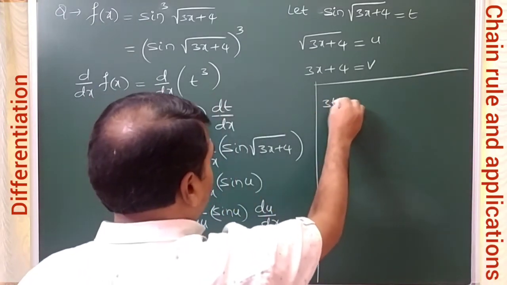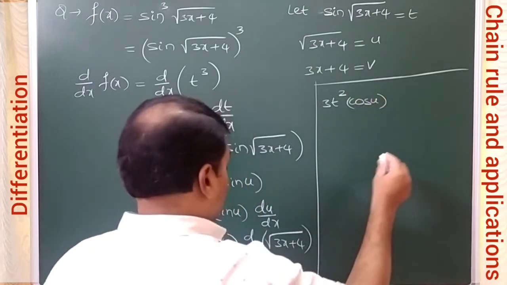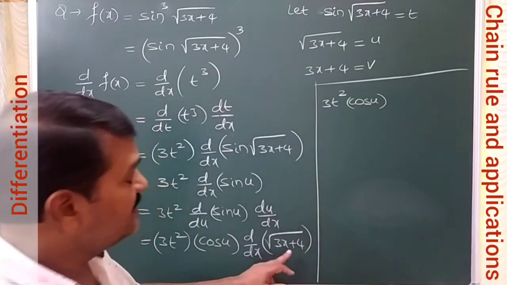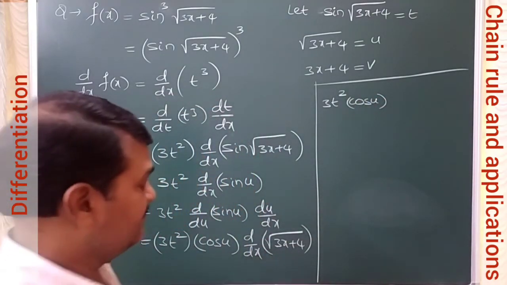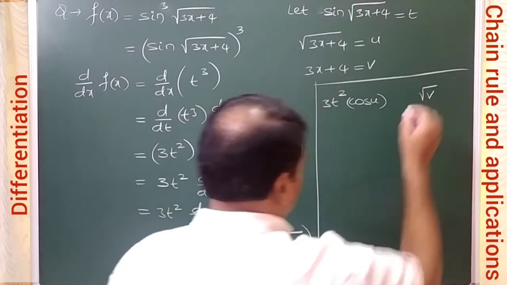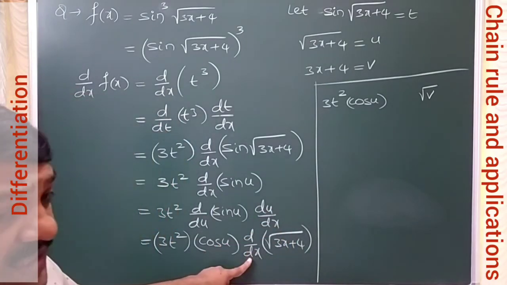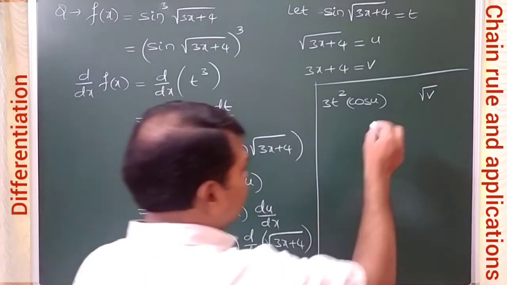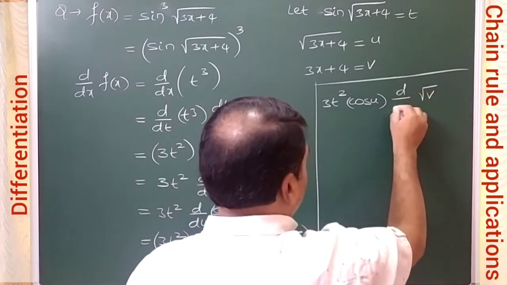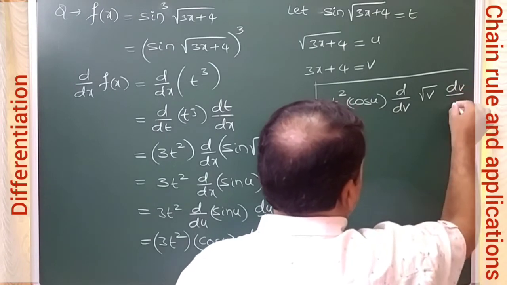So 3t square cos u, d by dx of root v. Now 3x plus 4 is taken as v, so root v means you cannot differentiate directly with respect to x. So I will write this as d by dv of root v into dv by dx.